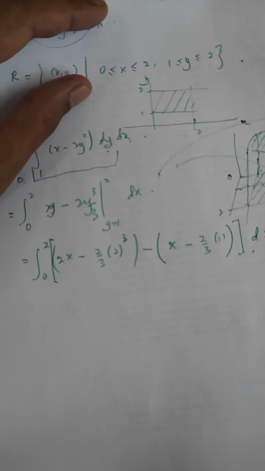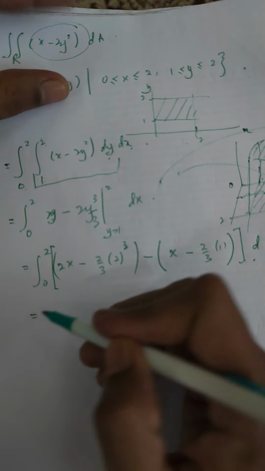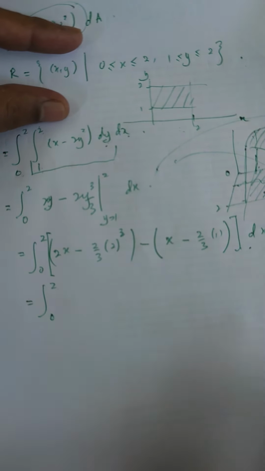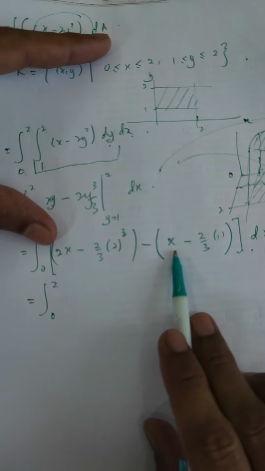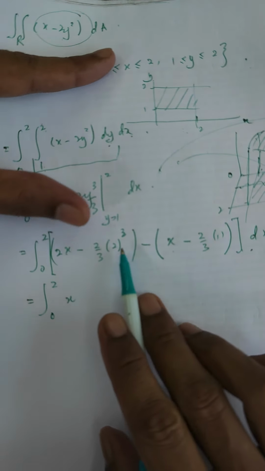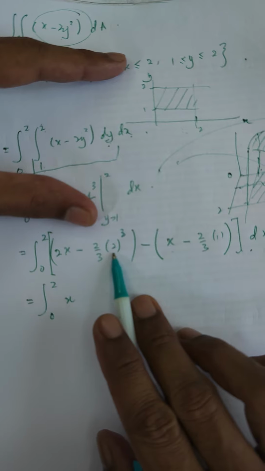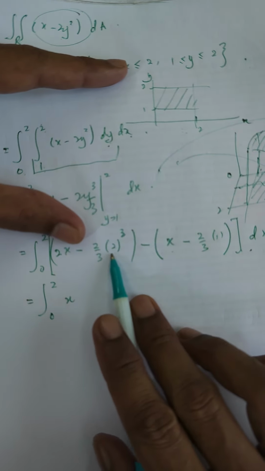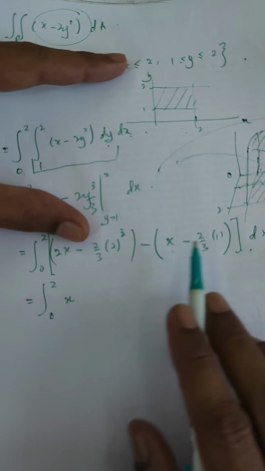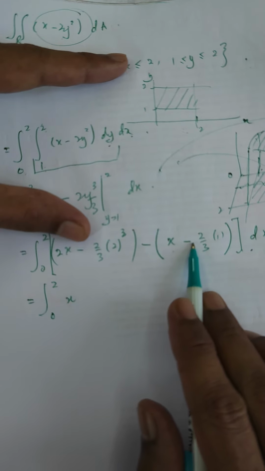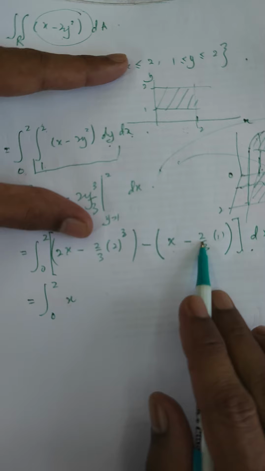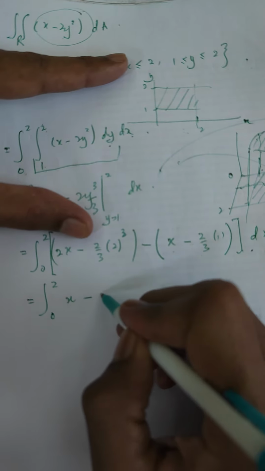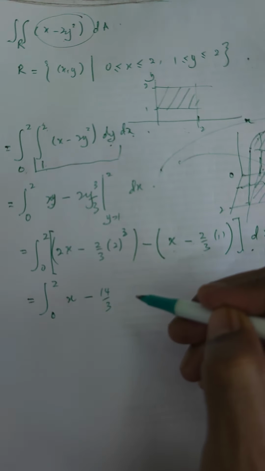Okay, so what do we have here? From 0 to 2, we have 2x minus x, that gives x. Then the constants: 16 over 3 minus 2 over 3, so we have minus 14 over 3.